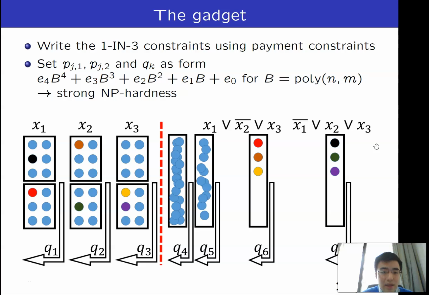But the proof strategy is to write the 1-in-3 constraint by setting the p-value and q-value like this. By setting coefficients appropriately, we can write the 1-in-3 constraints. And this value is polynomial of input size, so it is the gadget to prove strong NP-hardness.